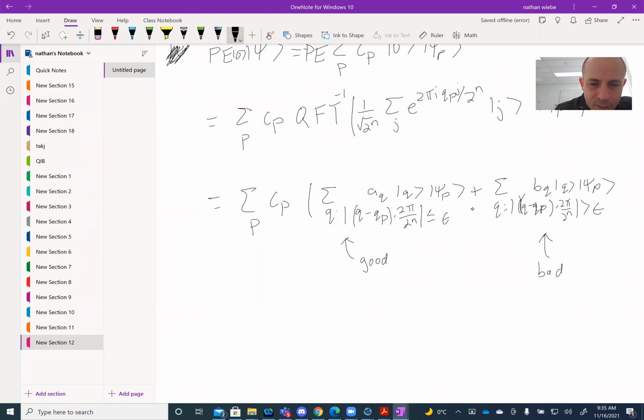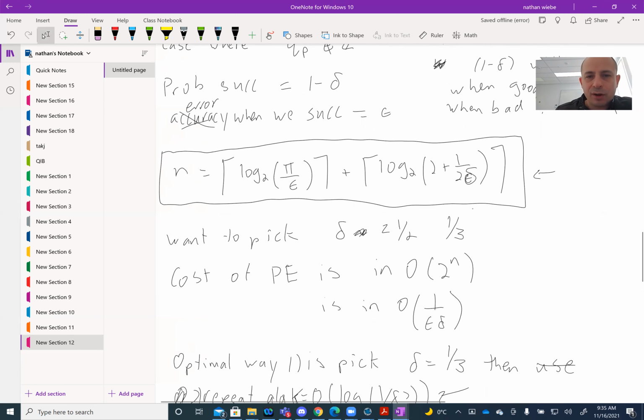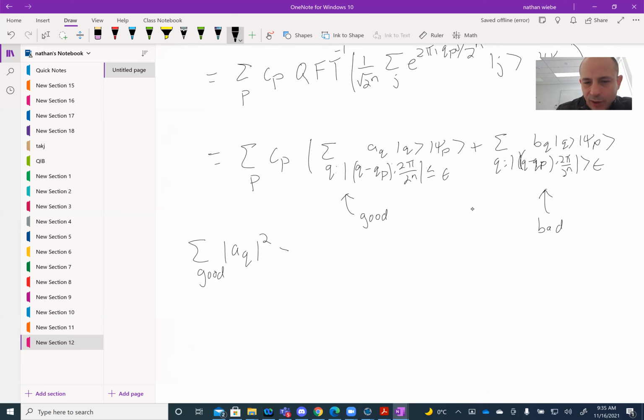Now here we assume that the sum over good of a_q squared, because we know from our previous analysis that the probability of success is greater than or equal to 1 minus delta, is greater than or equal to 1 minus delta. Similarly, for the bad probabilities, the sum of absolute value b_q squared is less than or equal to delta.